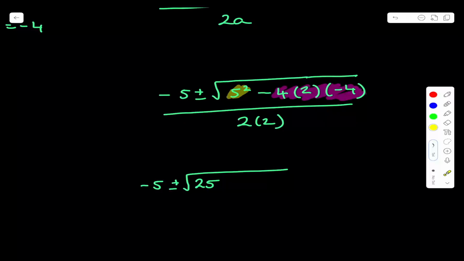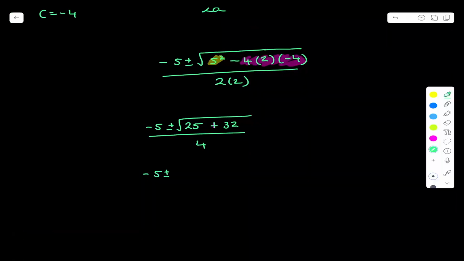Does everyone understand that? Because of the two negatives, you get a positive value. Let me quickly go through that again. -4 times 2 is -8, and then -8 times -4 is positive 32. And on the bottom, 2 times 2, which is 4.